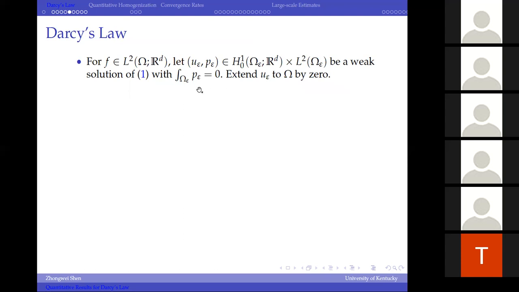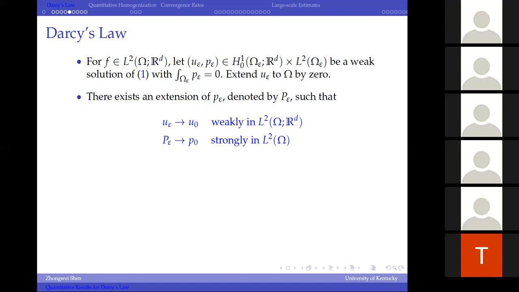To fix the pressure, you can assume the mean value is 0. Because the solution vanishes on the boundary of the obstacles, it's natural to extend this velocity into the obstacles by 0. So now you have a function which is defined on the whole omega.